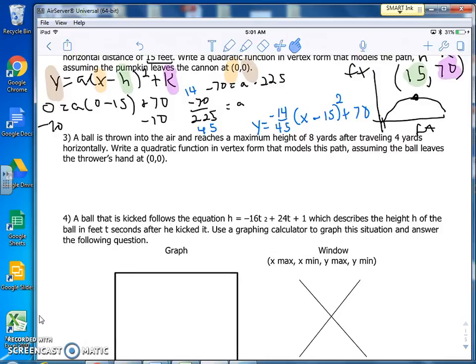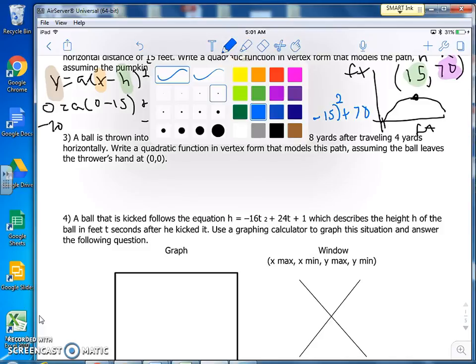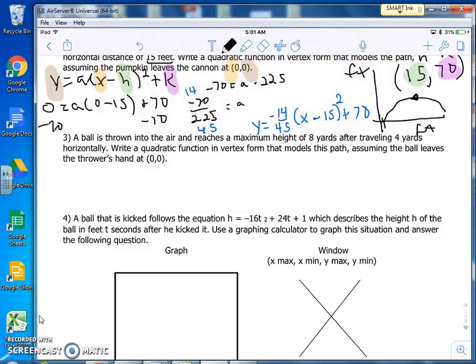A ball is thrown into the air and reaches a maximum height of 8 yards after traveling 4 yards horizontally. So this is our third example, very, very similar to what we've done before. The ball is going to leave from 0, 0, from the origin, basically.